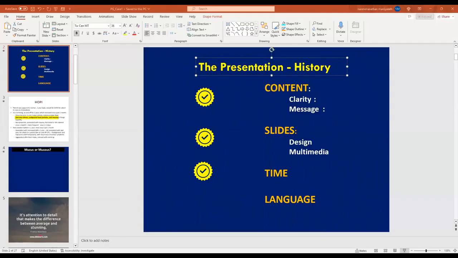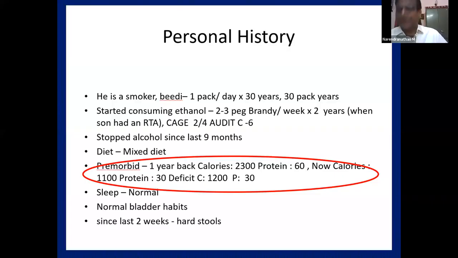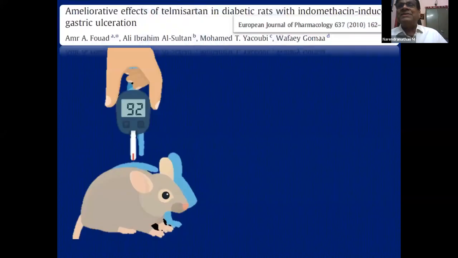No, I think I will show you one. This is a paper published about 10 years back, in 2010, about the ameliorative effect of telmisartan. Telmisartan is an angiotensin receptor blocker and plays an active role in inflammation.